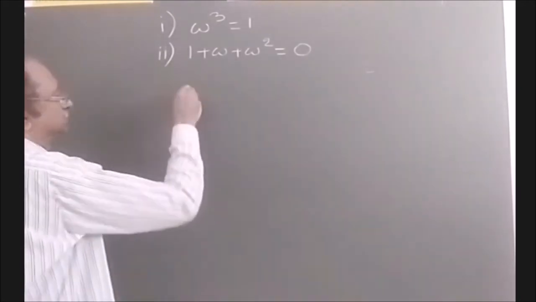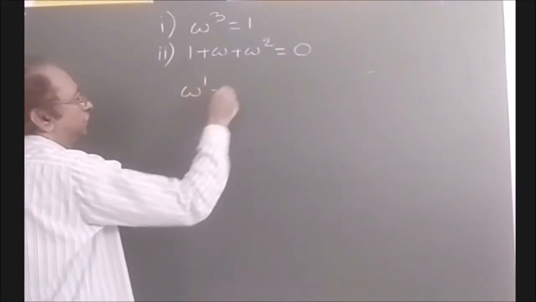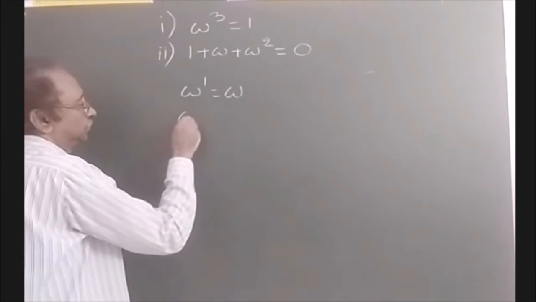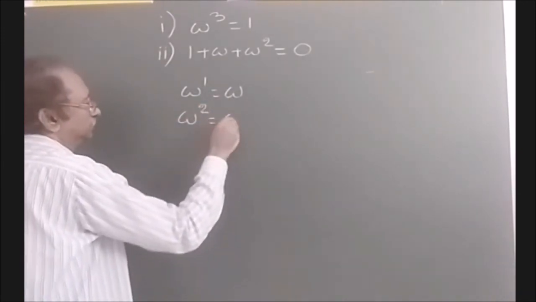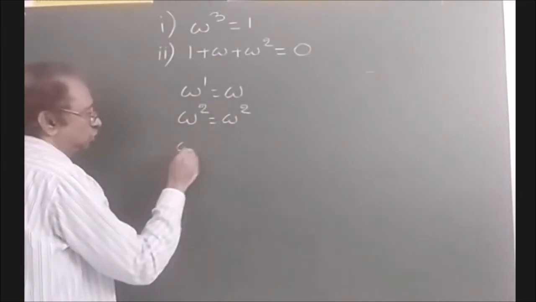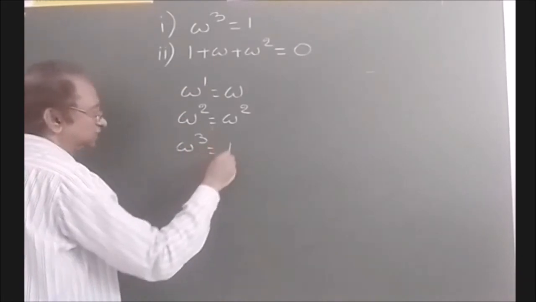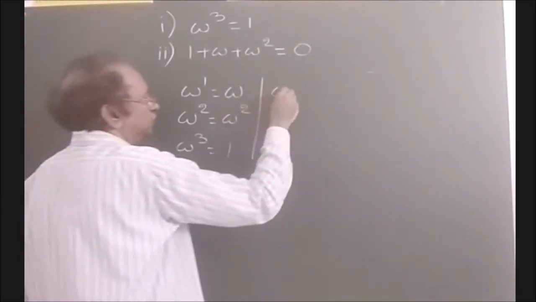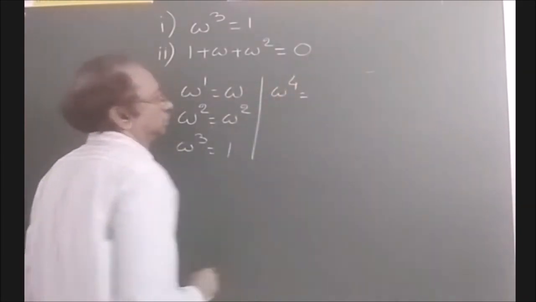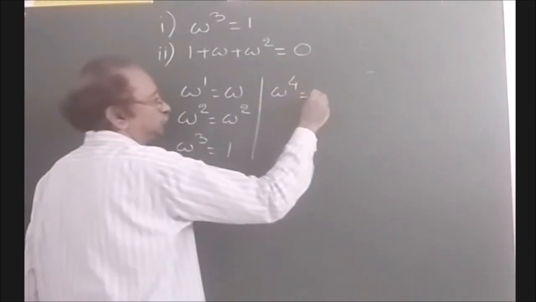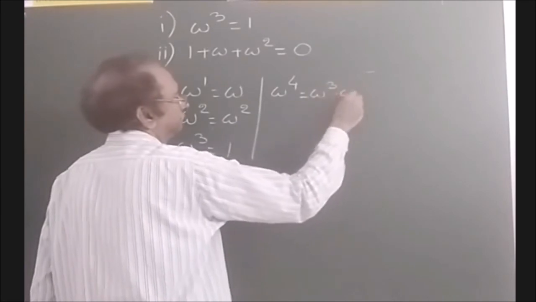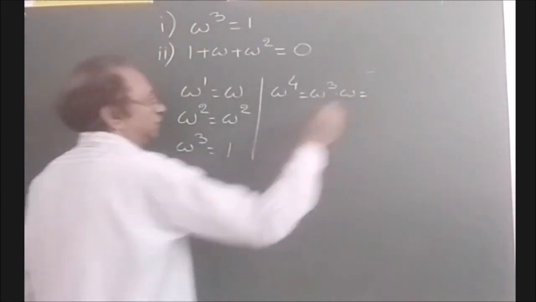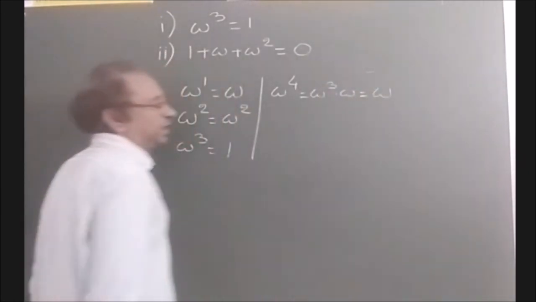And see from this, omega power 1 is omega. Omega square is omega square. Omega cube is 1 because it is cube root of unity. And then what is omega power 4? That is omega cube into omega. But omega cube is 1, so again you will get omega.